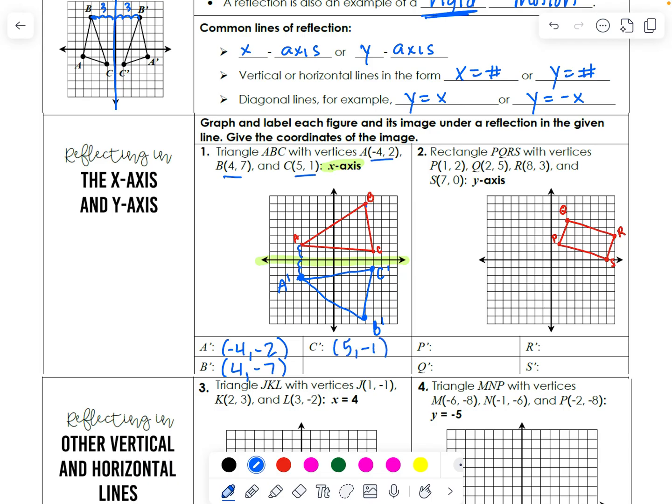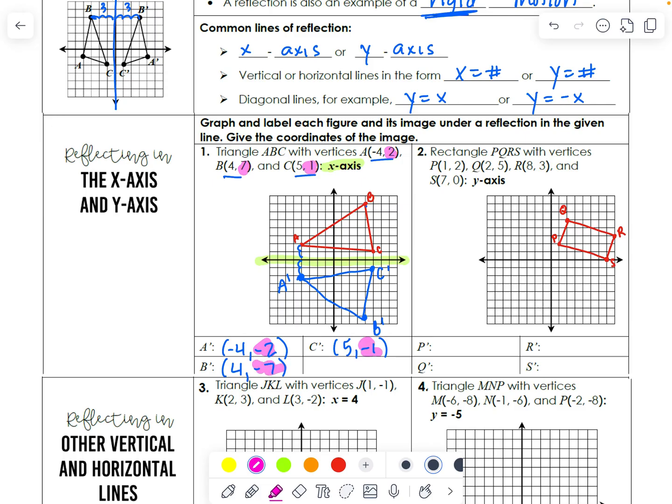So if you're kind of looking at the original points and comparing them to the new points here, hopefully you guys notice that the only thing that really changes is that the y-coordinates become the opposite.